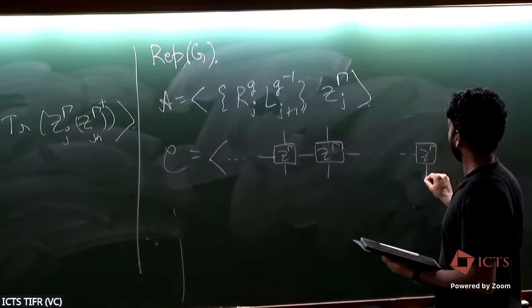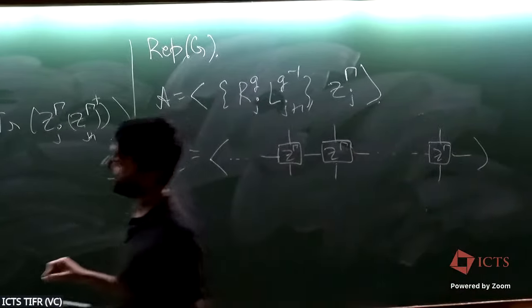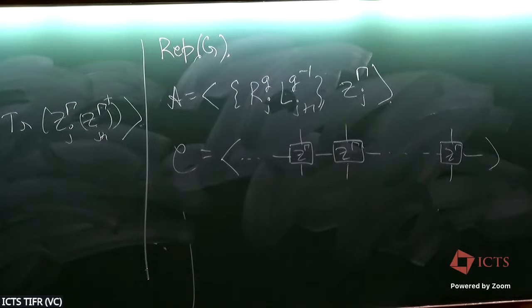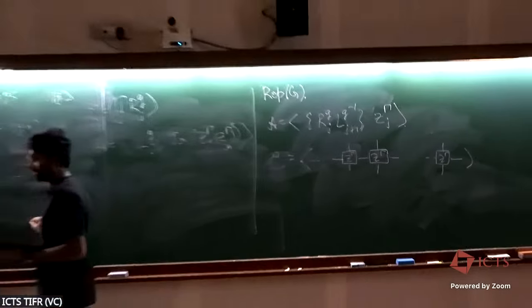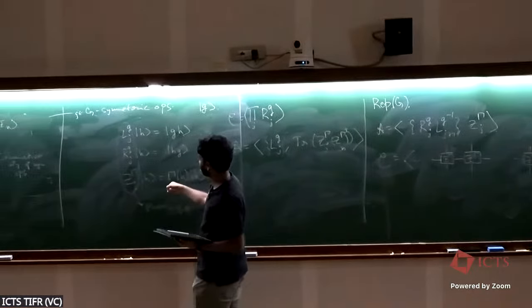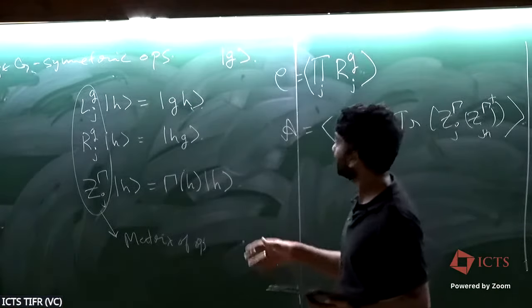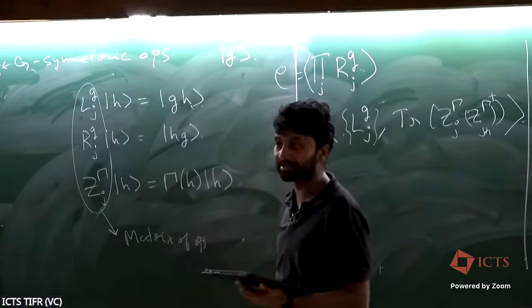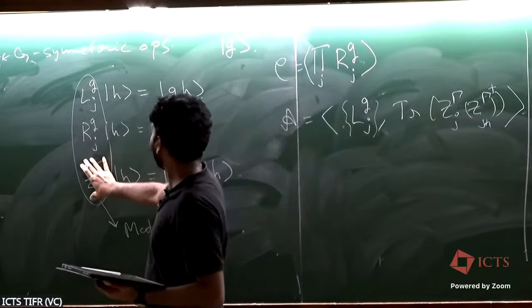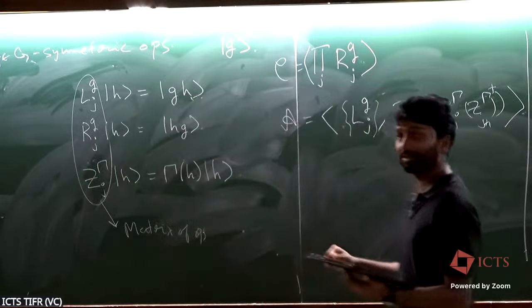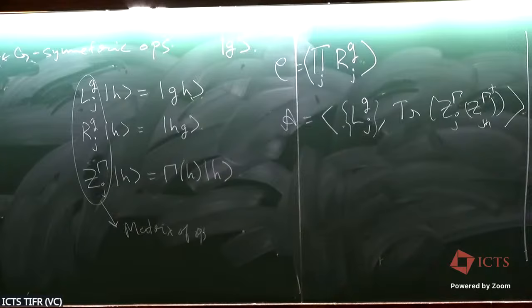Here I should remind you that Z gamma is really a matrix of operators in general, because gamma is a representation of this group. If I have a non-abelian group, like in the case of say S3, then these Z gammas are really matrices. Okay.